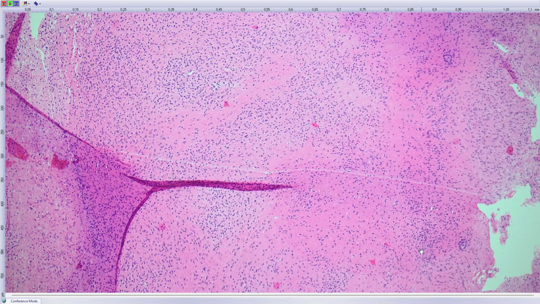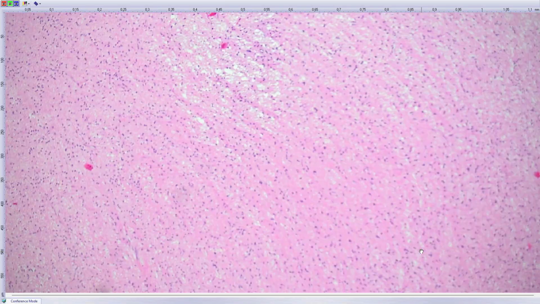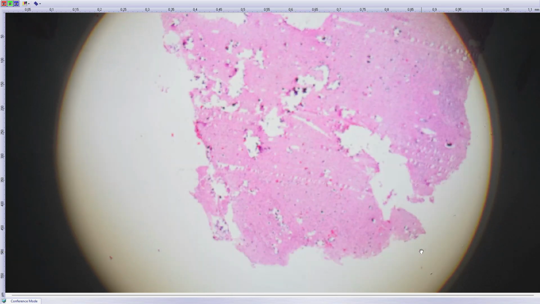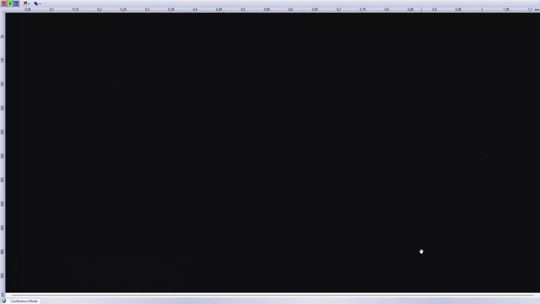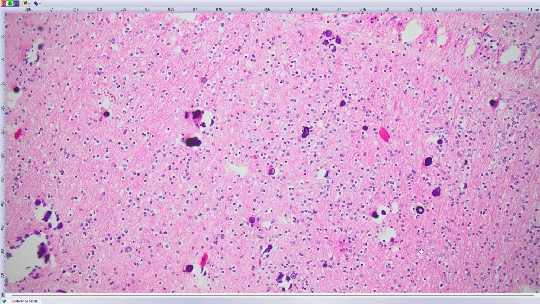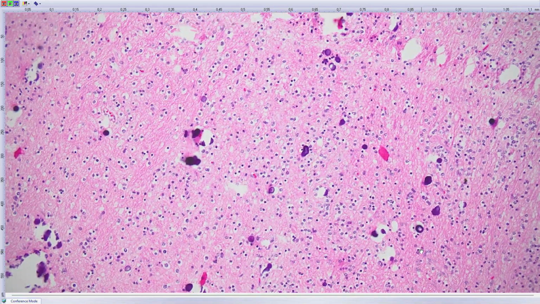Maybe here some architectural arrangement, and in other parts it looked quite oligodendroglioma-like, even with microcalcifications, but the tumor was IDH1 and IDH2 gene wild type, so no mutations.